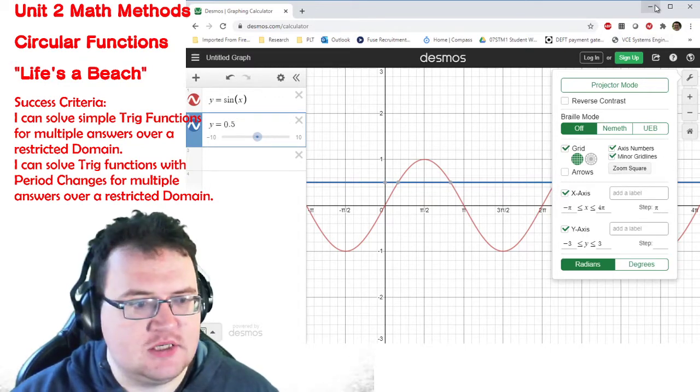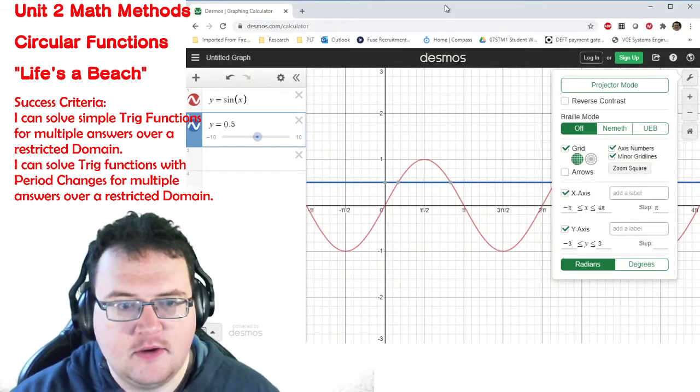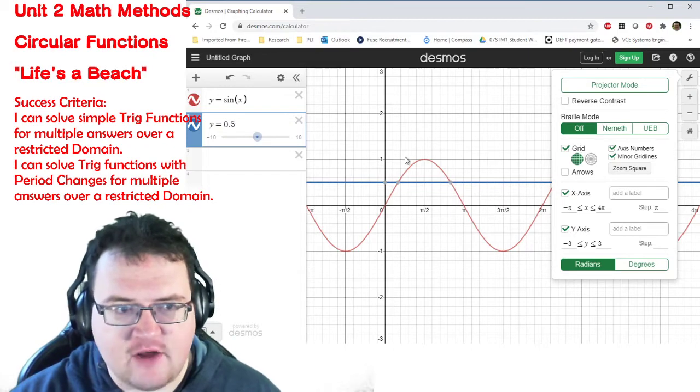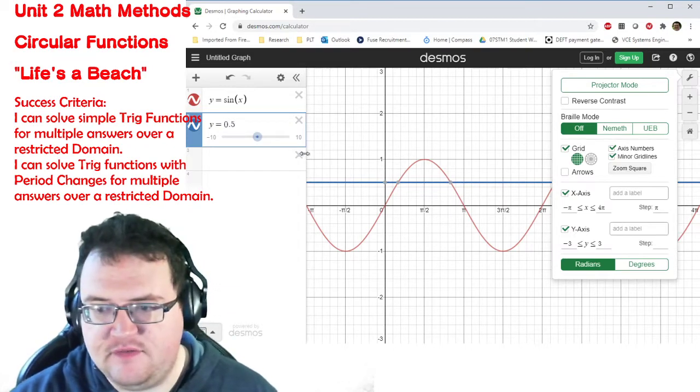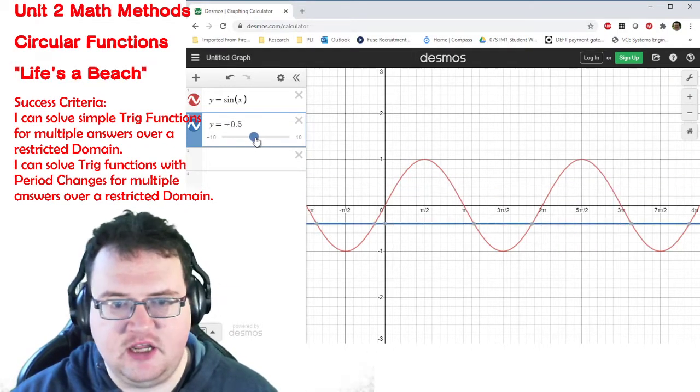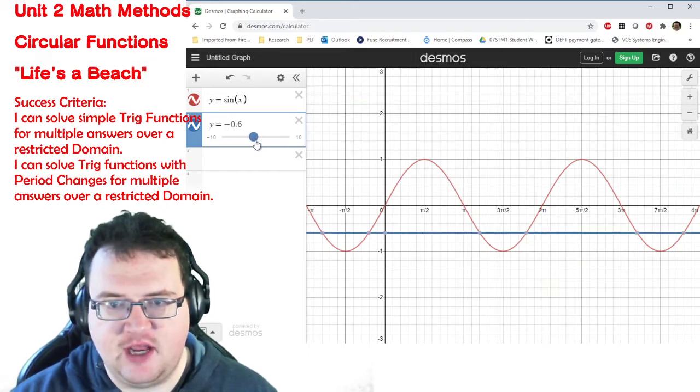Alright. So what I've got there is y equals sine of x. And I've got a second line, y equals 0.5. And what it's done is it's put this in here for me so I can easily drag it up and down.